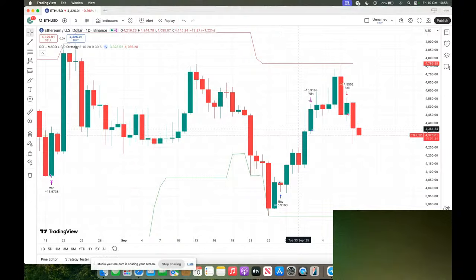Did it go up or not? Ethereum went from 3,900 to 4,500. Do you know how much you would have made from this if you were holding crypto? In fact, you can make big money trading the futures markets with this.